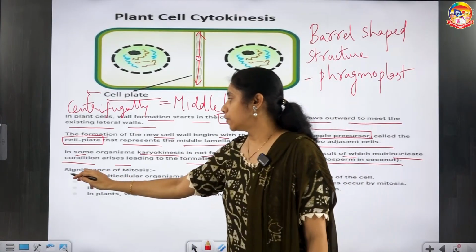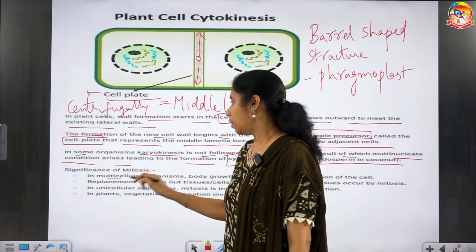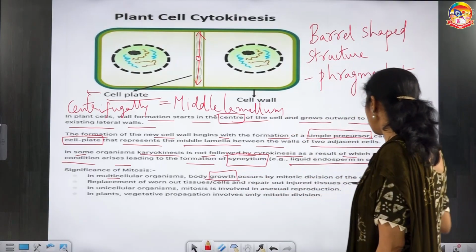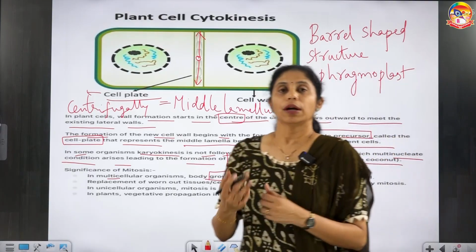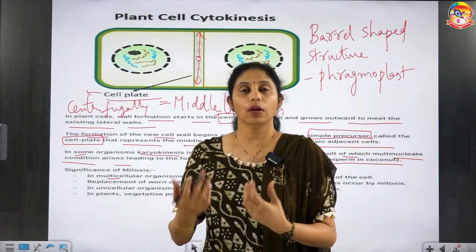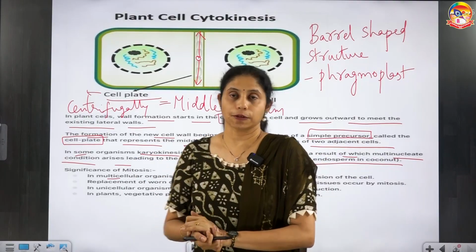Then the significance of mitosis, the last important topic. In multicellular organisms, body growth occurs by the mitotic division of the cell. All multicellular organisms like us, animals and plants, grow because of mitosis. Growth is the result of mitosis.